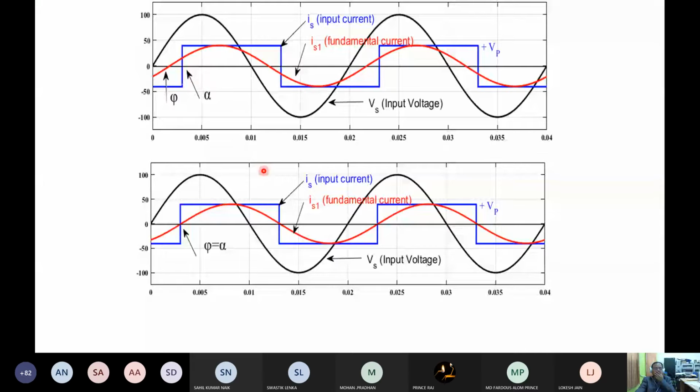Maybe tomorrow we'll solve a problem. So this black one is the source voltage, the blue one is the source current, and the red one is the fundamental of the source current.